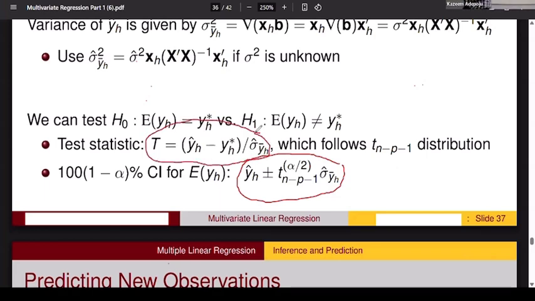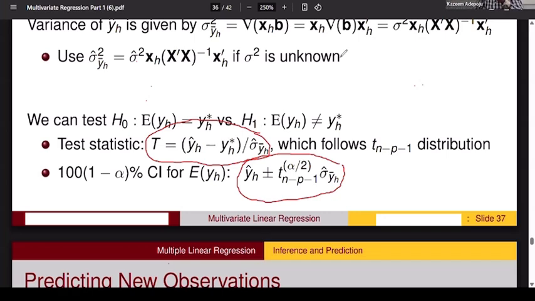In the two formulas, what do you see? There's a standard error, sigma cap y bar h. The standard error in the denominator of the t-test and the standard error multiplying the t multiplier.